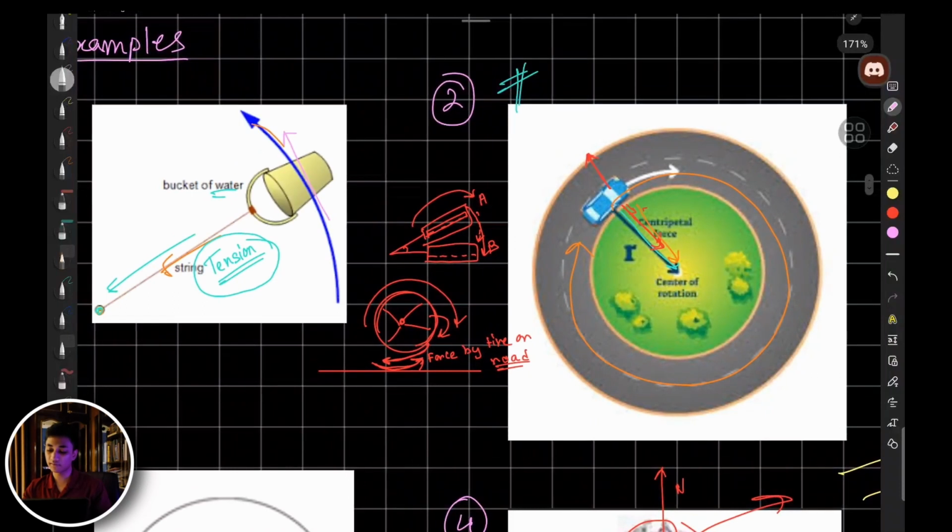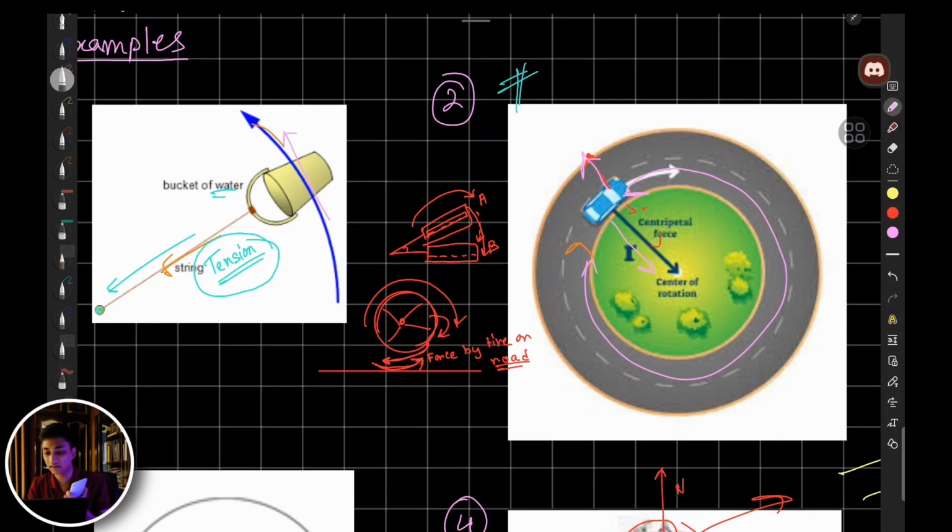For this example, I've already shown that for a car traveling in this circular track, there is one main force acting towards the center, which is friction. This friction acts towards the center since the tires are rotating outwards.